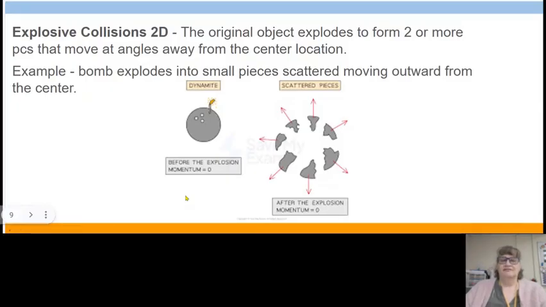Okay. But in real life, right, the original object explodes to form two or more pieces that move at angles away from the center location, right? When something explodes, we usually expect that the pieces are just going to go outward from the center, right? Which means that there's 2 dimensions, maybe even 3 dimensions to that problem.